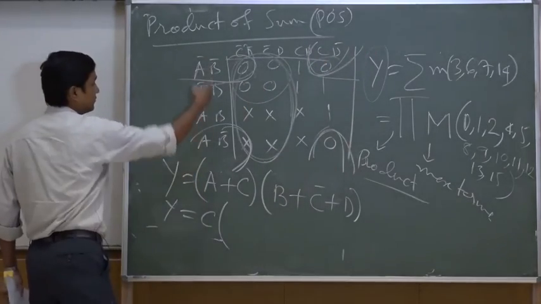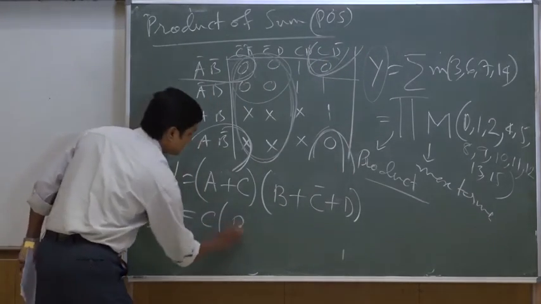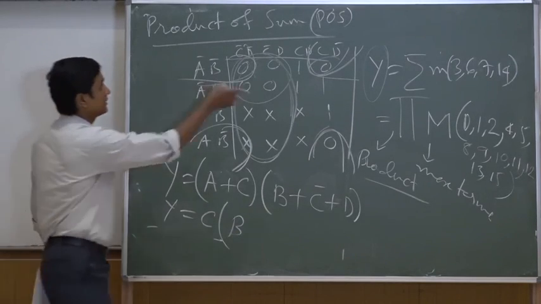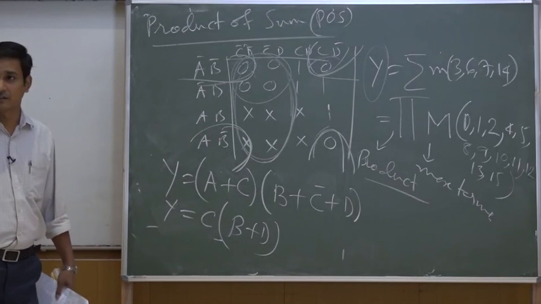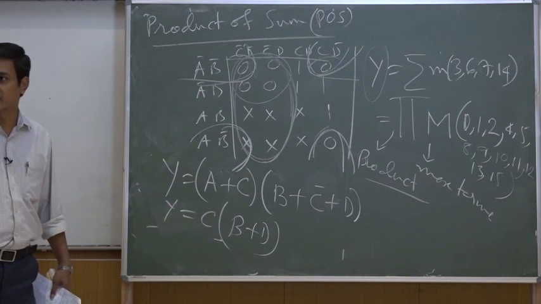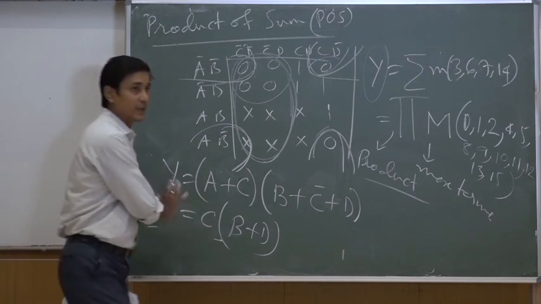What is it? B bar means B and there D. Am I right? This way.